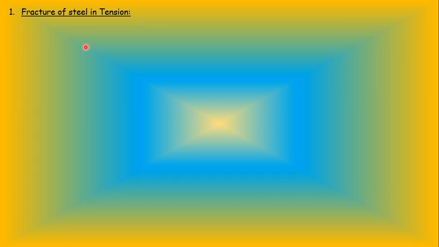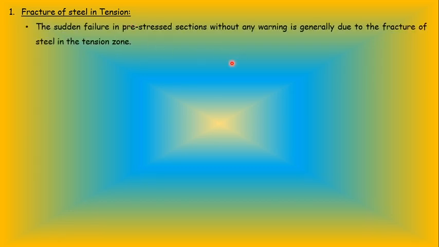Moving to the first part, fracture of steel in tension. The sudden failure of prestressed sections without any warning is generally due to the fracture of steel in the tension zone. As soon as the tension on the prestressed tendons exceeds their strength, they break into pieces.